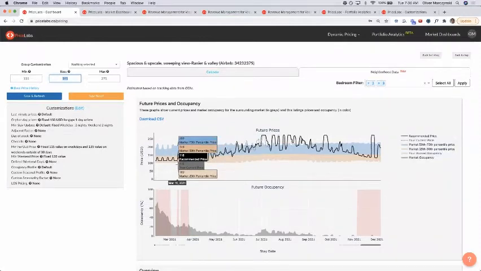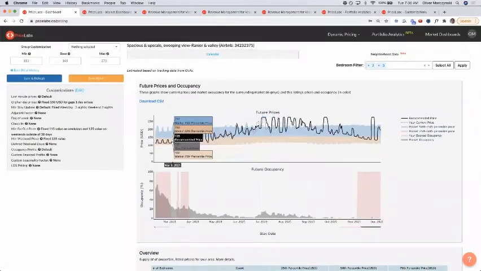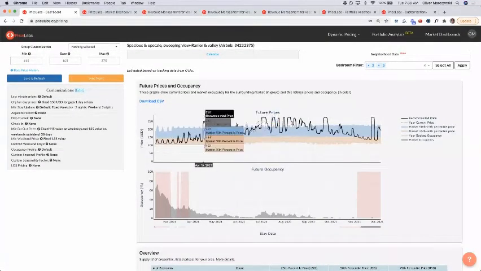If you typically see, hey, I'm all of a sudden not getting any bookings for my property, we're seeing a lot of red in these charts up here, I would take a look here and see, hey, how do my prices compare to the market? Maybe the entire market has shifted its rates down to account for lower demand in the low season, and now your rates are on the higher end of the market.